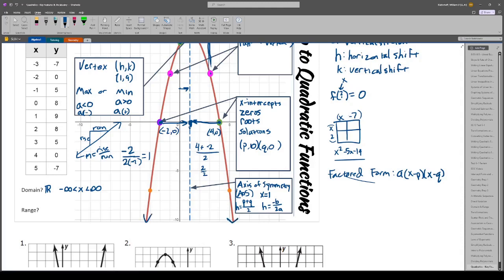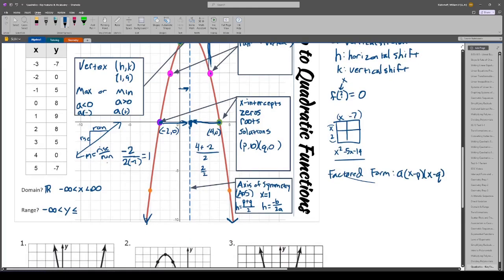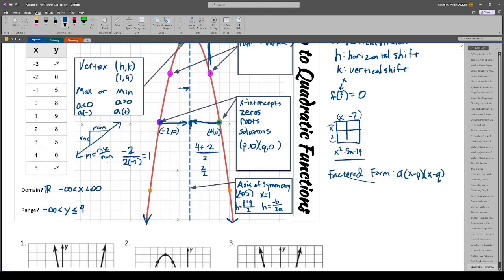It doesn't show the arrows, but the line running off the edge of the graph tells us that it continues. So our range starts at negative infinity less than y, and then y is less than or equal to our maximum value, which is 9. And there we go, that is our domain and range. We can also write it more simply as y is less than or equal to 9, which shows that it has no lower limit, but this is the more complete way to write it.